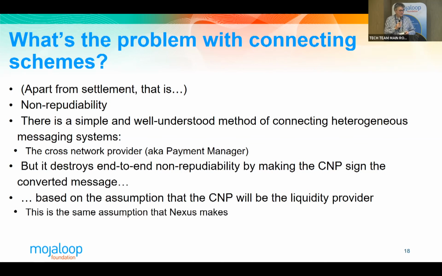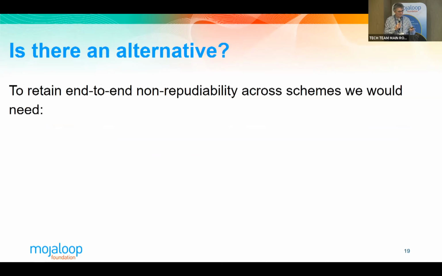But actually, this is the assumption that Nexus makes, that there will always be a direct map between the cross-network provider and the liquidity provision, the ability to settle in the system. However, you're going to hear later on this morning about a system where that is not the case, where the cross-network provider is doing something different from managing liquidity.